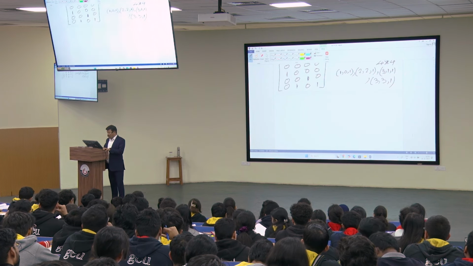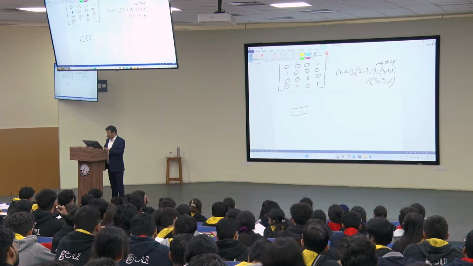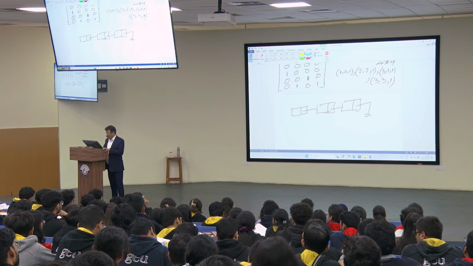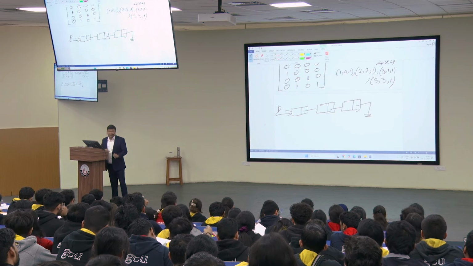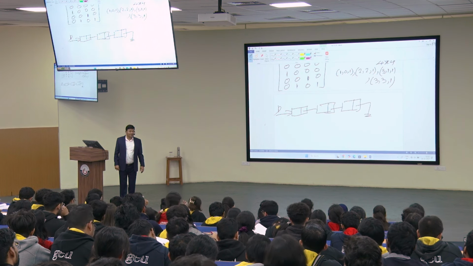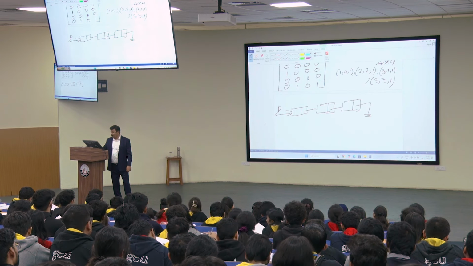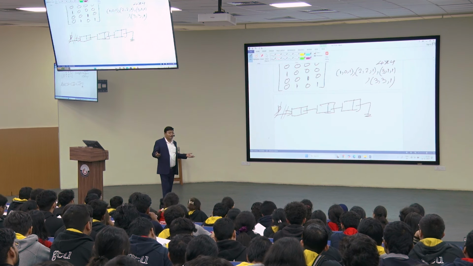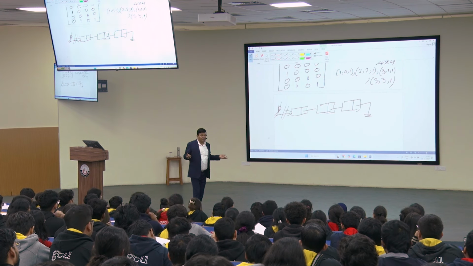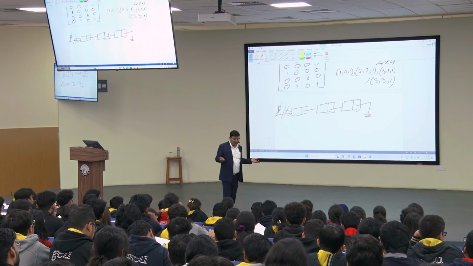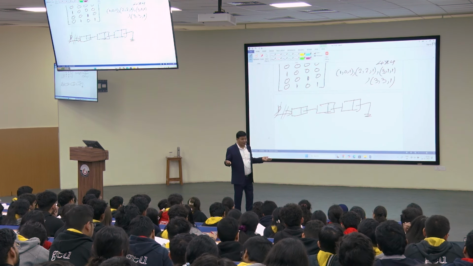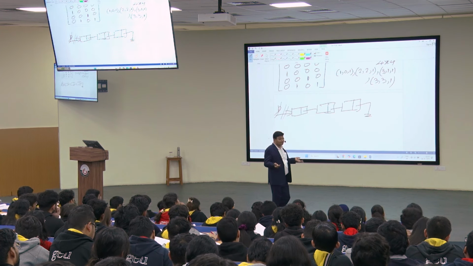Suppose we have a linked list like this, and P is a pointer pointing at the start of the linked list. Now if I lose P, then that linked list is allocated in the memory, but the programmer has lost control of it. So these type of things are called garbage.